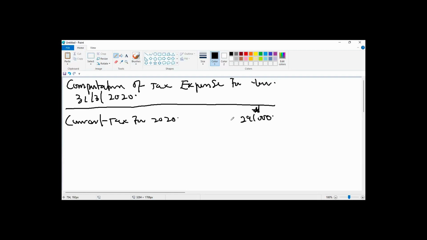For last year, there is an over provision. Not under provision, over provision of 12,000. We less the over provision. For this year, we need to know if the tax is either a credit or a charge. We don't know yet.